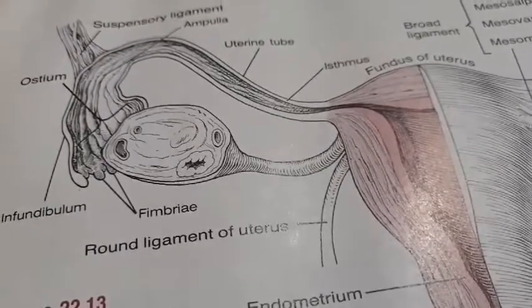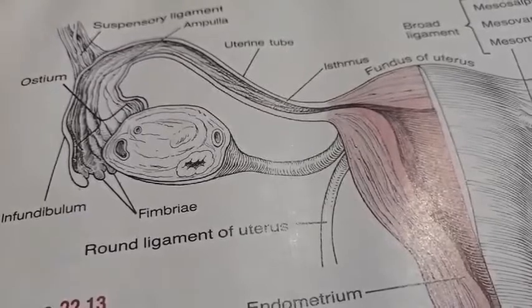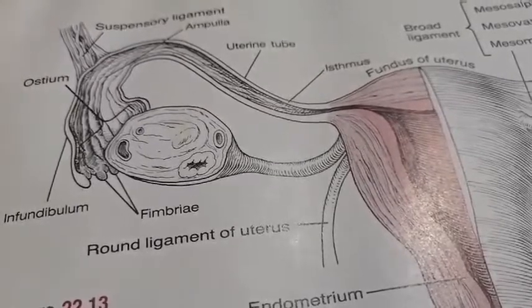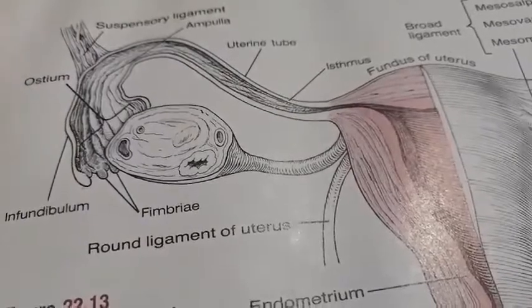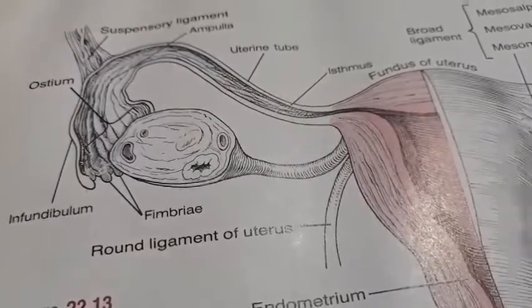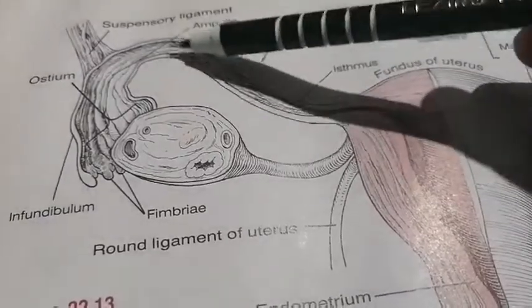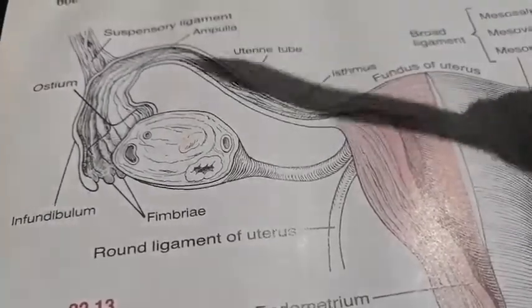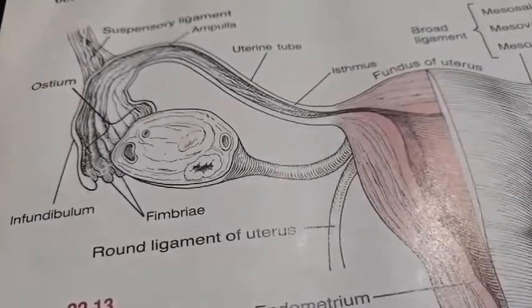Now you see that this infundibulum then further moves, and here is the curve. This curved region is known as the ampulla, and fertilization basically takes place in this curved region. Now your uterine tube joins with the uterus.